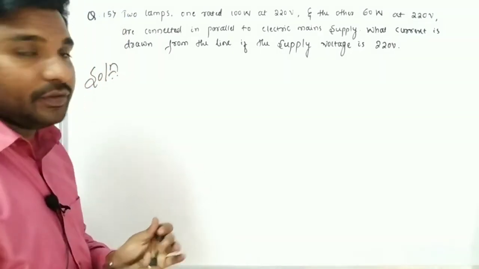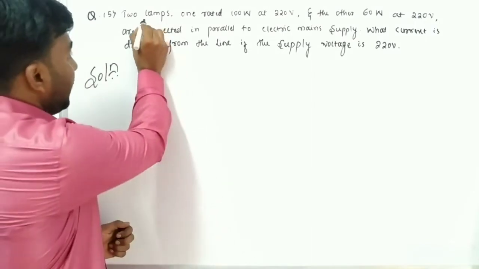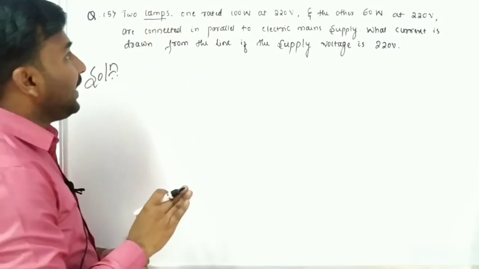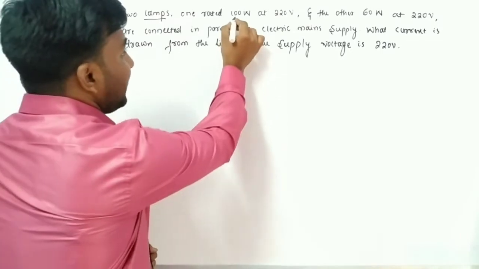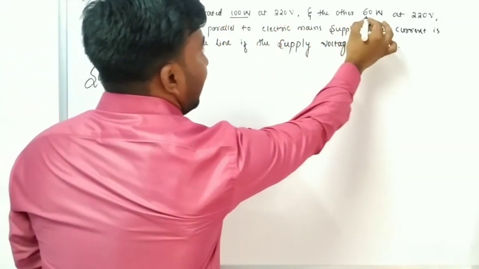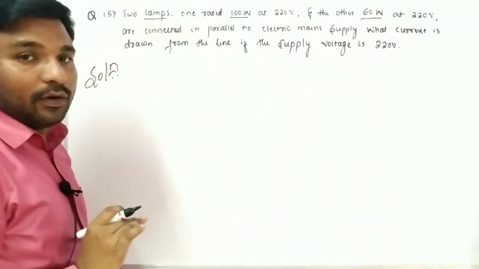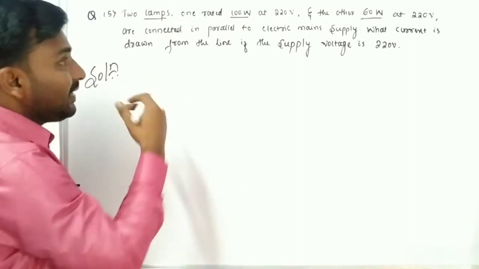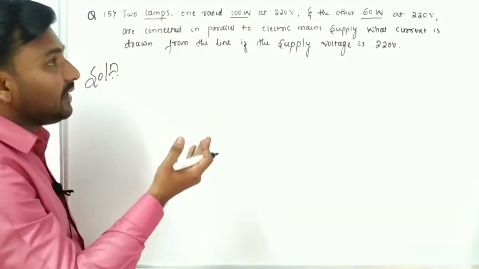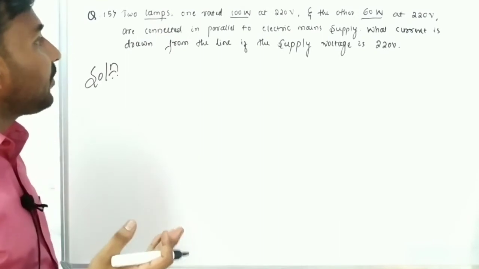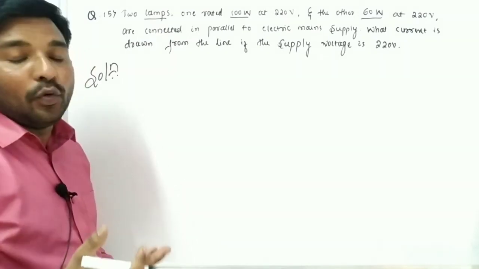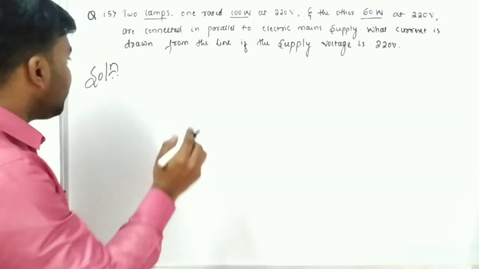So here in the question we have two lamps, one rated with 100 watt and another rated with 60 watt, and they are connected in parallel, and we need to calculate the current drawn from the line if the voltage is 220 volt.